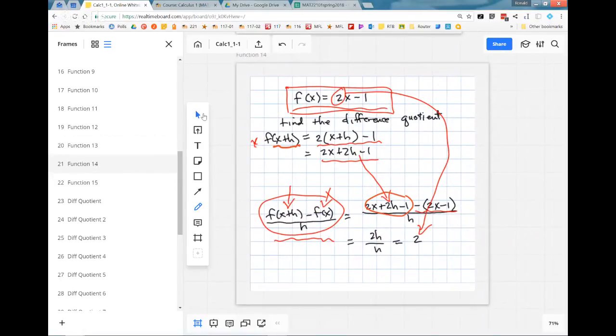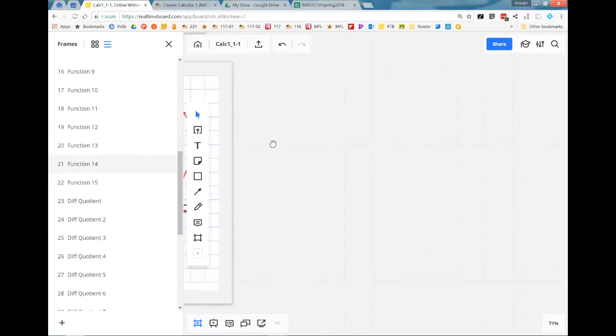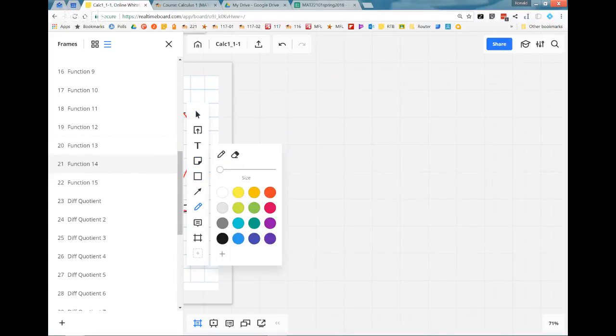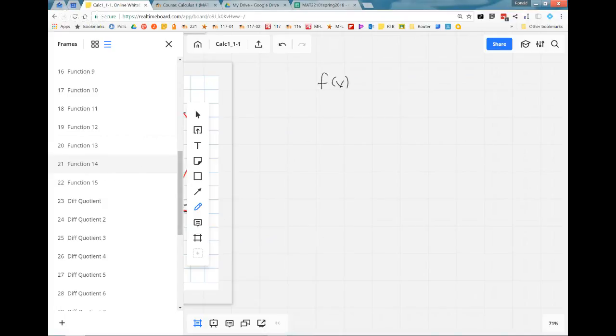I'll start over. We'll come to the right here. So if we take the function 2x plus 1, let's say that's our function. And let's say the directions say find the difference quotient.